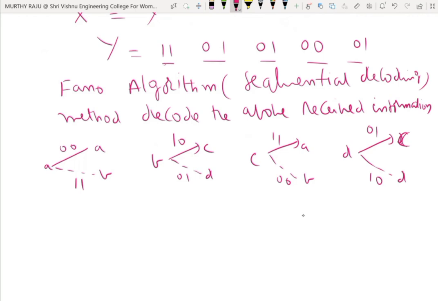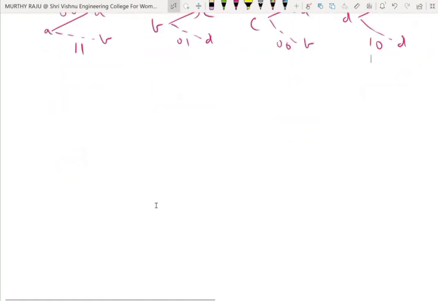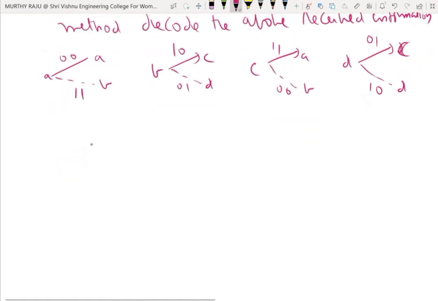By using these state diagrams and with the help of the Fano algorithm, the sequential decoding method, decode the above received sequence. Now we will see. Y is equal to 1 1 0 1 0 1 0 0 0 1. First received code word of length n bits is 1 1.